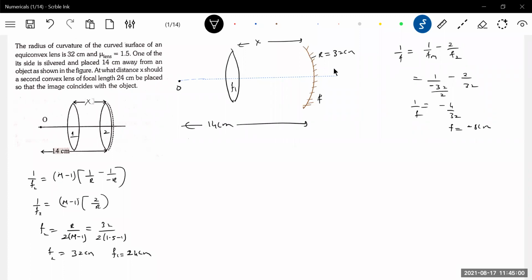Carry on with the problem. What should be the x that is asked? We know f1 as 24 centimeter. Now the rays should retrace.